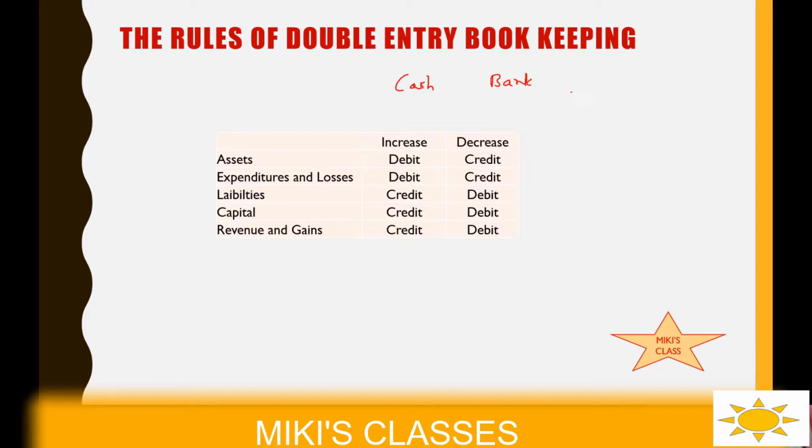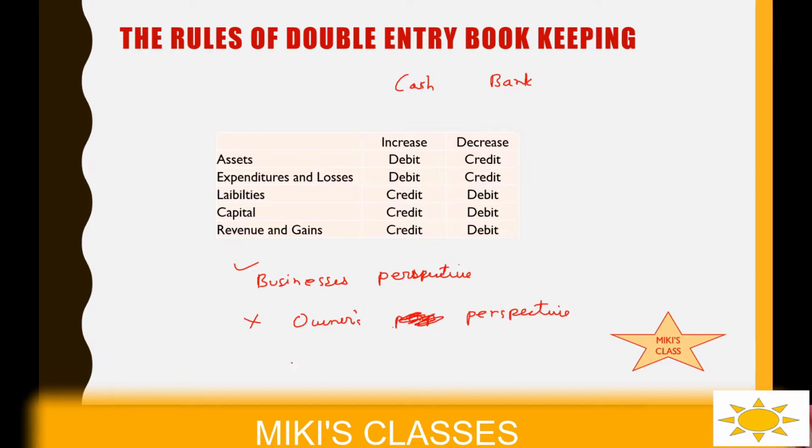And you always have to think of it from the business's perspective. You have to think of every transaction from the business's point of view, and not from the owner's perspective.